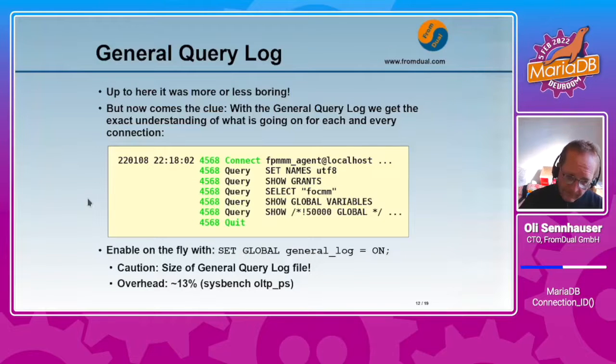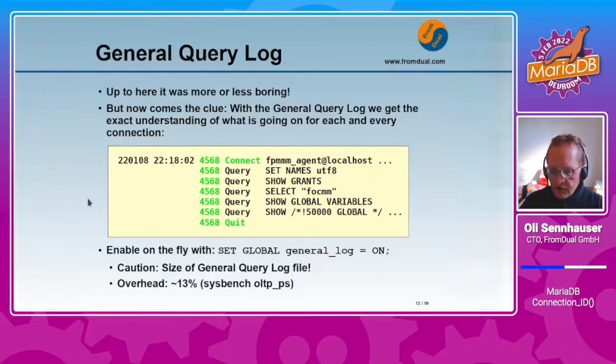And now comes the most interesting part. Up to here it was more or less boring technical information, and now we glue together the whole puzzle. The general query log is the key point here. With the general query log we get an exact understanding of what is going on for each and every connection.